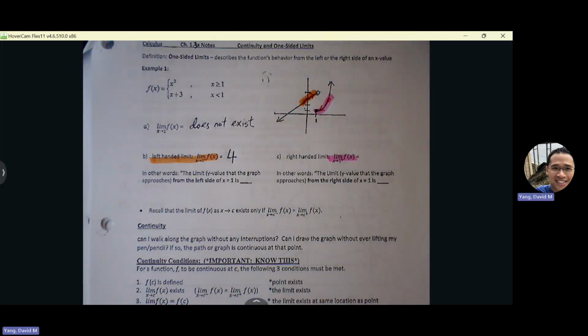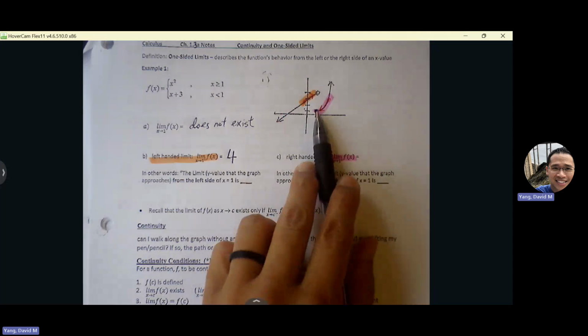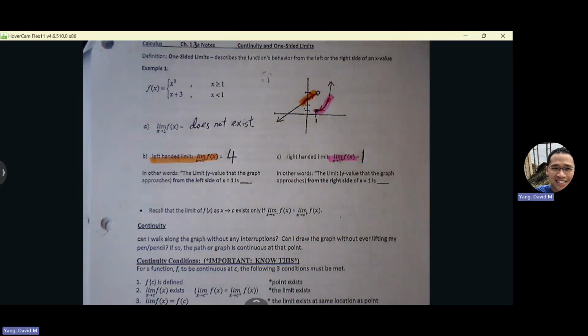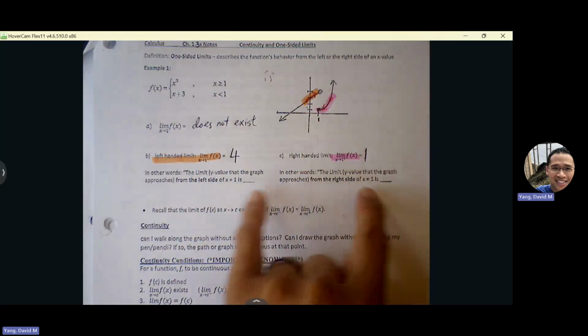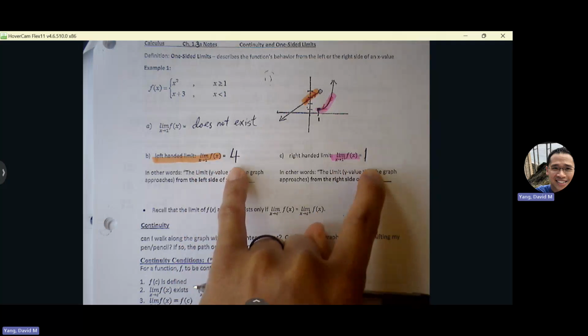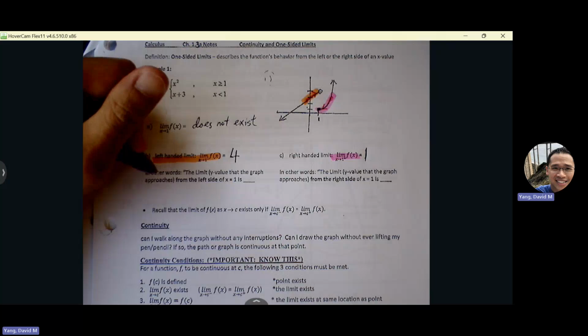So if we're approaching 1 from the right, what is that one-sided limit? 1, because it's heading towards a y value of 1. And now, rather than saying the arrows are not in agreement, we can more formally say that the one-sided limits are not in agreement because the 4 and 1 are not equivalent. So we say it this way.